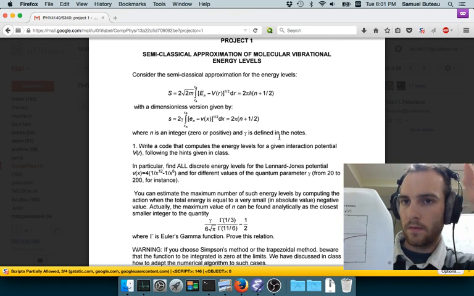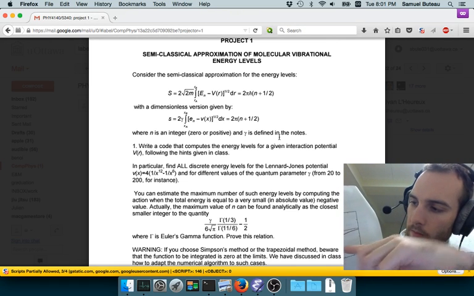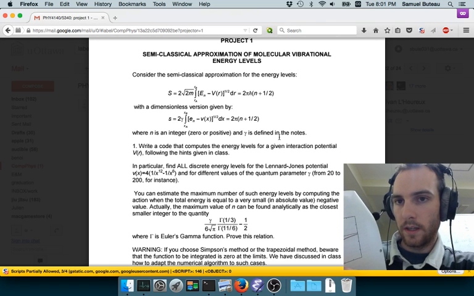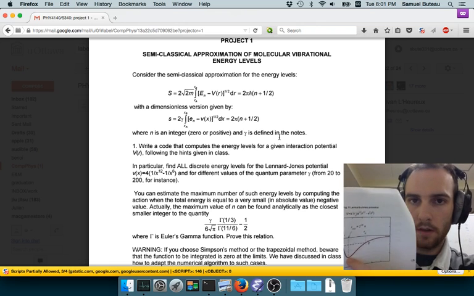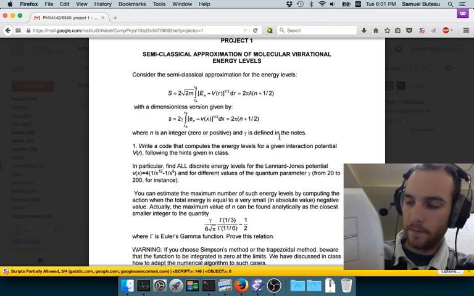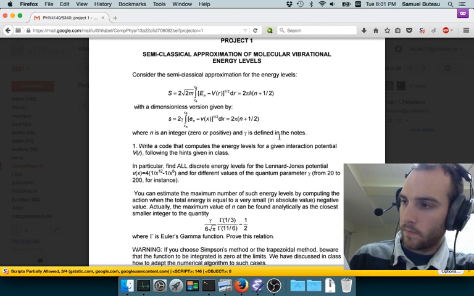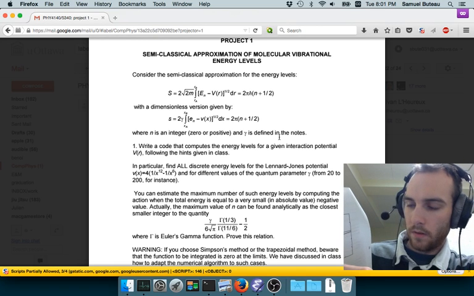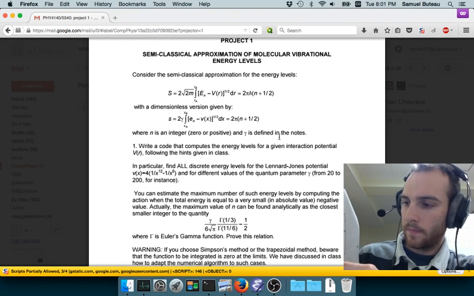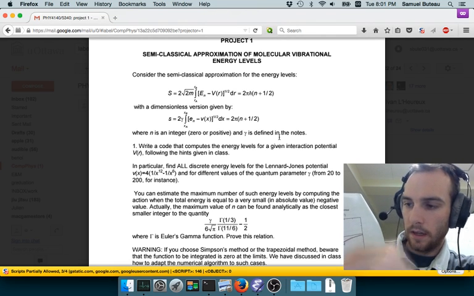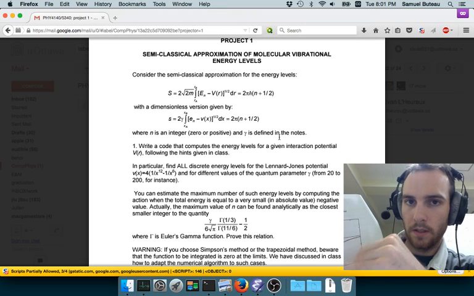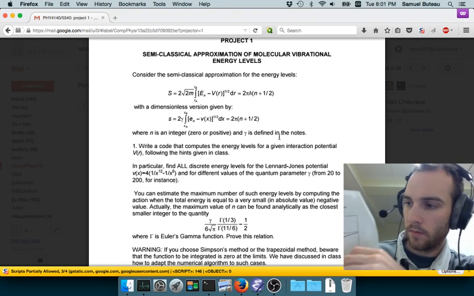Just roughly speaking, if you have no kinetic energy, you will be confined to the bottom of the potential energy well. If you have a little bit of kinetic energy, you will be able to move a little bit, and the height that you can move will depend on the amount of kinetic energy you have.